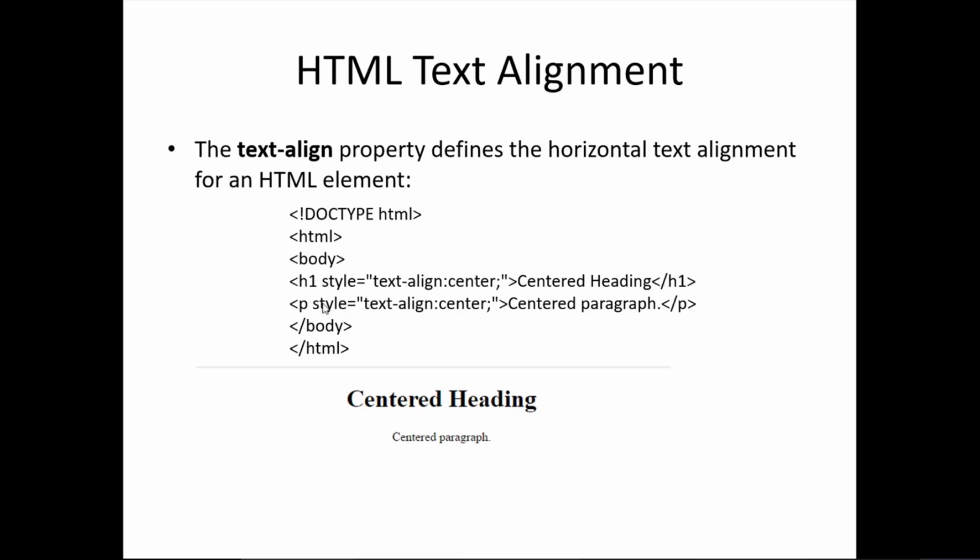The same thing for the p tag as well. P style equals text-align colon, where you want to align that particular text, whether on the left-hand side, in the center, or on the right-hand side. Then centered paragraph is the text that you want to display.